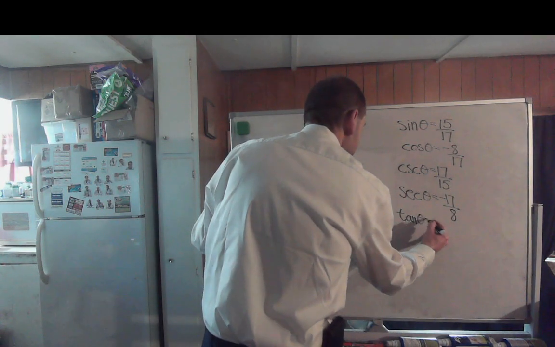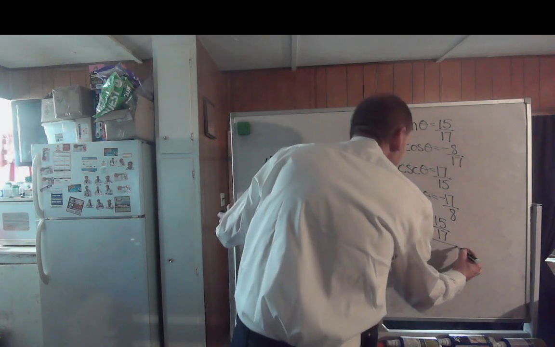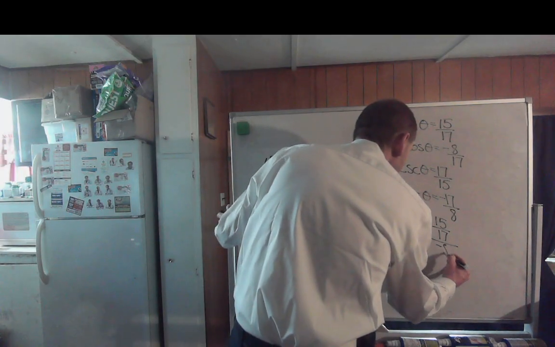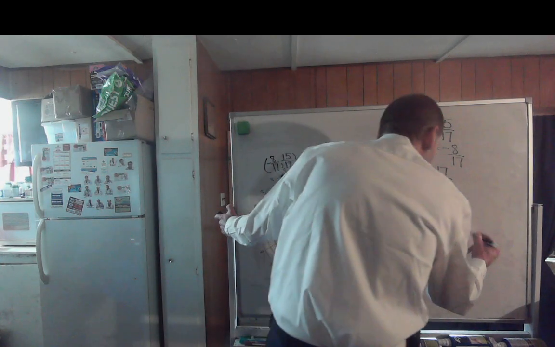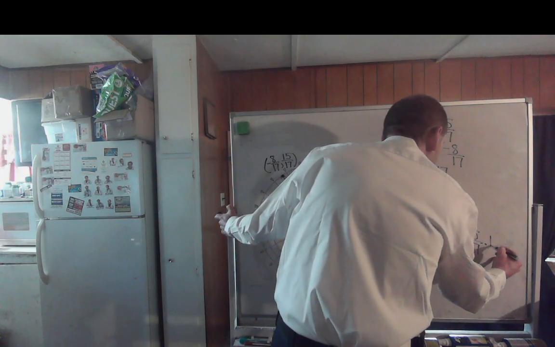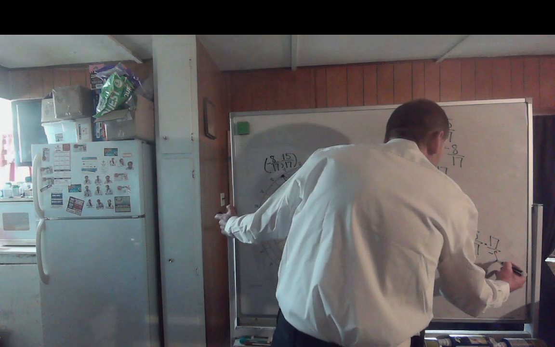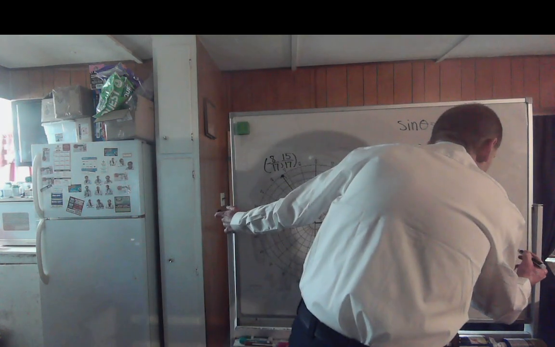That's the same as the sine over cosine, which would end up being 15/17 all over negative 8/17, which would end up turning into 15/17 times 17 over negative 8, which would give you a value for your tangent of negative 15/8.